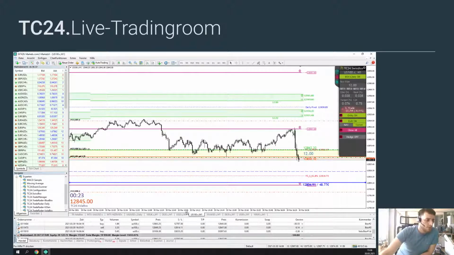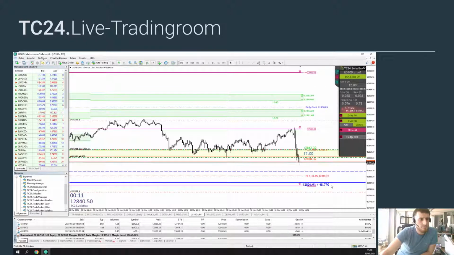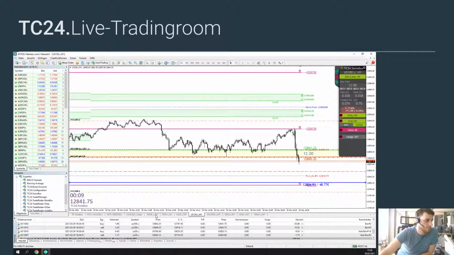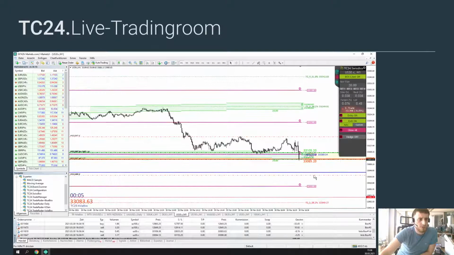So Dow Jones in on the first order as a long position. Now we're back to short position here.